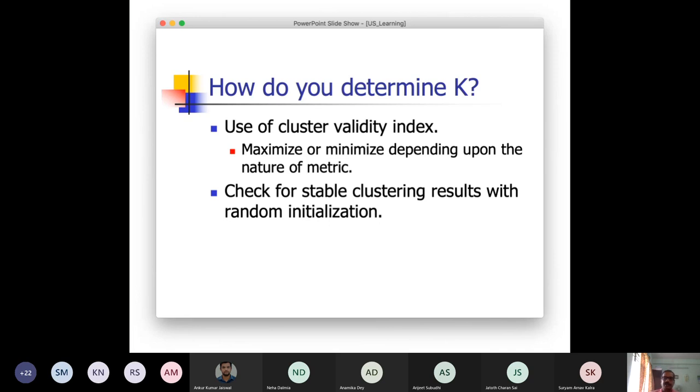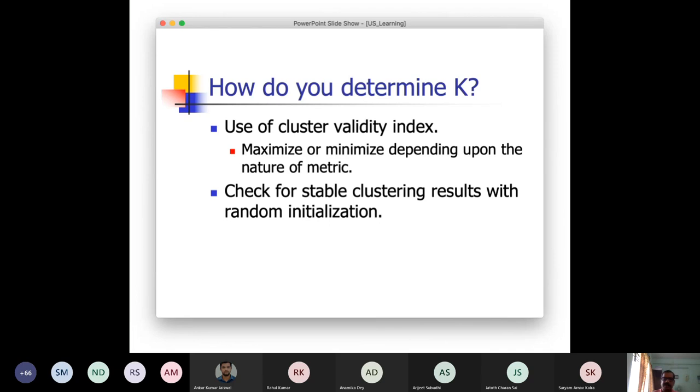And depending upon the interpretation of that particular metric, that means whether a higher value is better or not, you maximize or minimize based upon the values of the metric and its properties with respect to the clustering. This is one kind of technique.